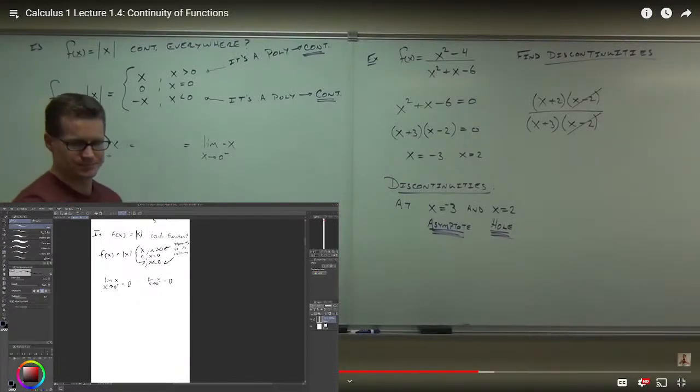Well, without the left and right, it's 0 anyway, right? So these are both 0, right? I think. Maybe?